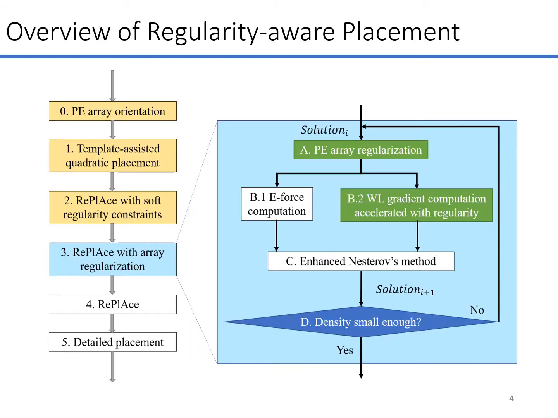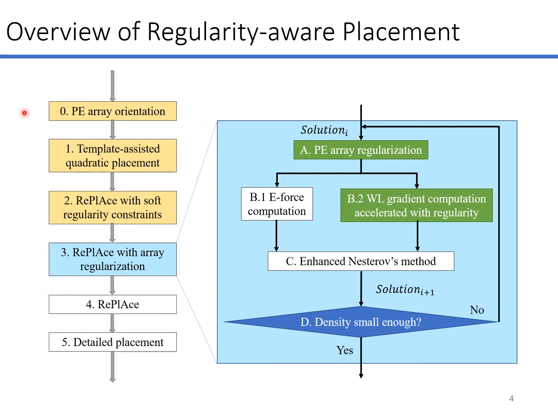Here, let me show you the overview of regularity-aware placement. This placement method is built upon RePlAce. On the left-hand side of the figure, I list 6 steps. The first 4 colored steps use our own techniques, and the last 2 steps are from RePlAce.